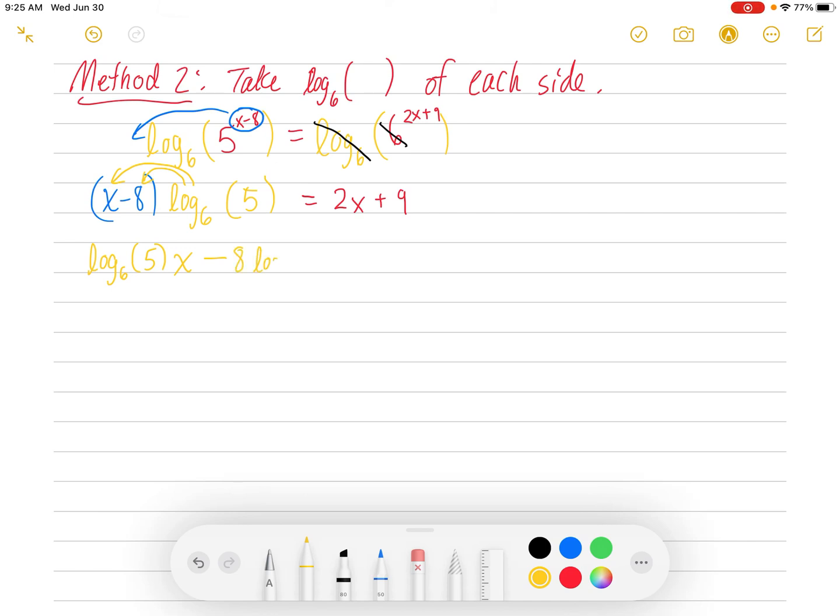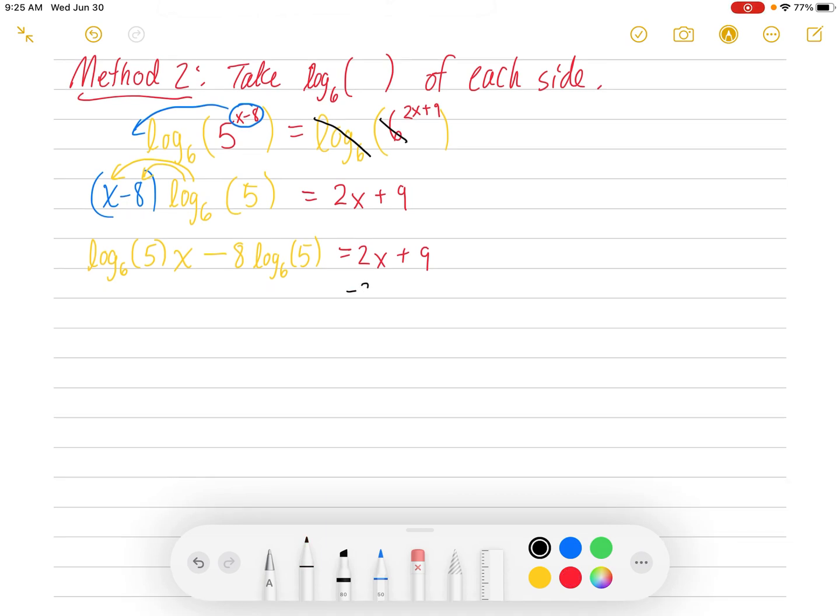So then you'll distribute the yellow log base 6 of 5 through. So you take log base 6 of 5 multiplied by x, and then minus log base 6 of 5 multiplied by 8. So I'll write this as negative 8 times the log base 6 of 5. And that's all equal to 2x plus 9. I'll get all the x's on the left, so I'll subtract 2x from both sides.